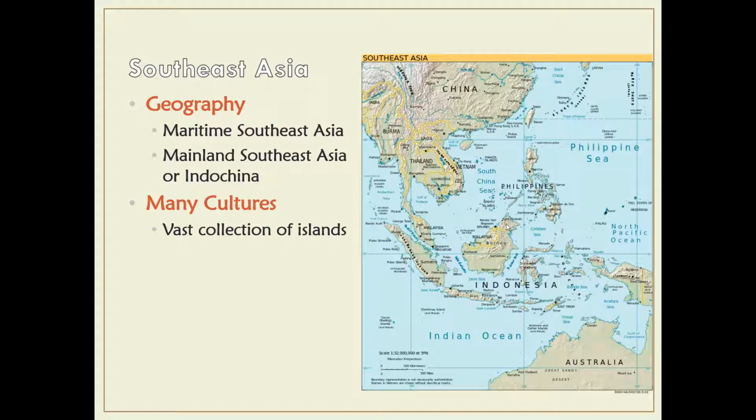You have some islands that are as big as some U.S. states, and then you have some islands that are basically the size of a small house. They're just these different islands throughout, and so with all these hundreds of islands that make up the entirety of maritime Southeast Asia, you have a great deal of diversity in culture.